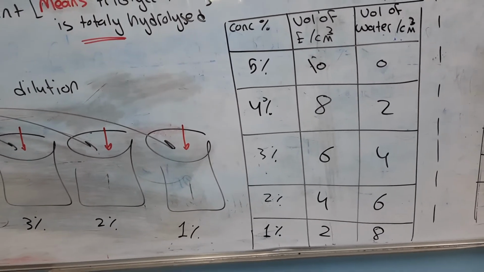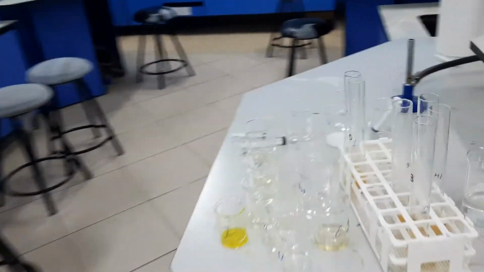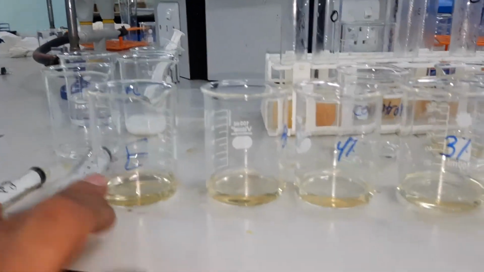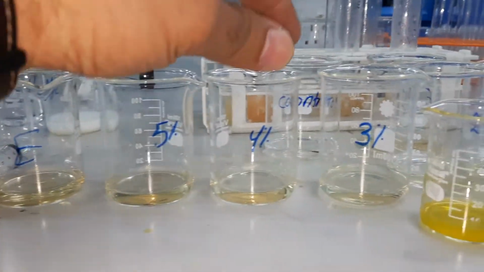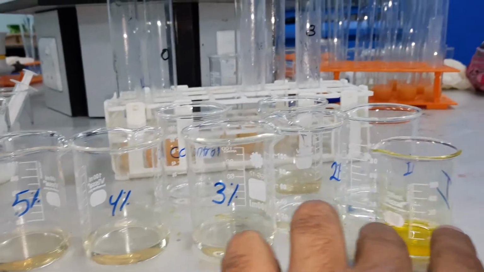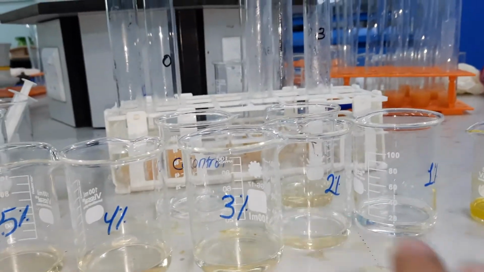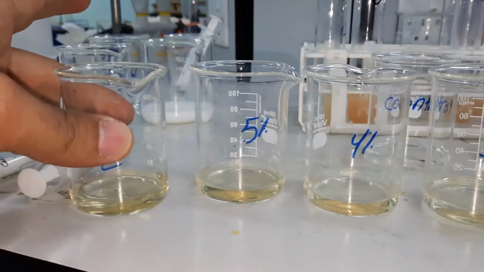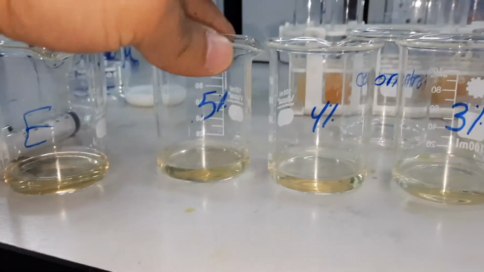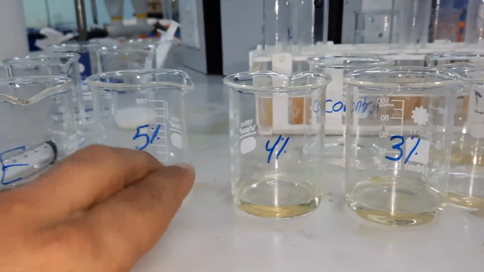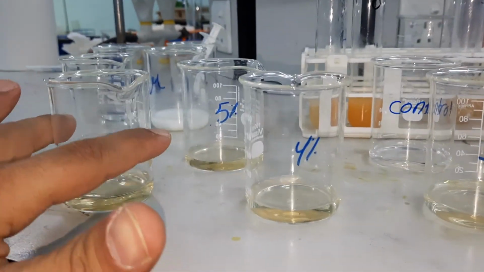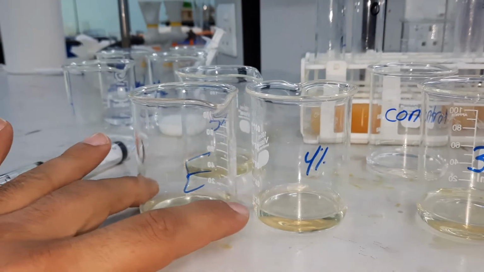After you make your concentrations, I'm going to show you how our students made theirs. Here's the enzyme, which is the stock, and then they made the 5, the 4, the 3, the 2, and the 1. How did they do that? The first one was done by taking 10 centimeter cubic of the enzyme and no water. That's for the 5. For the 4, they took 8 of the enzyme and then added water.